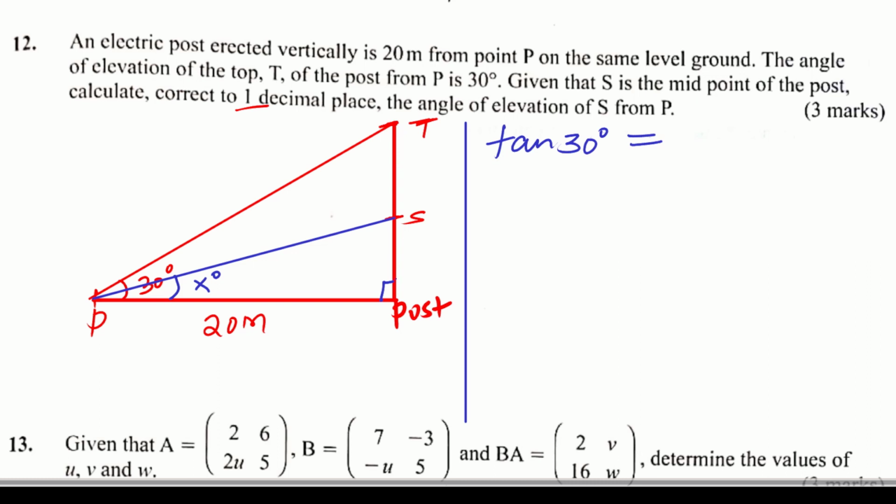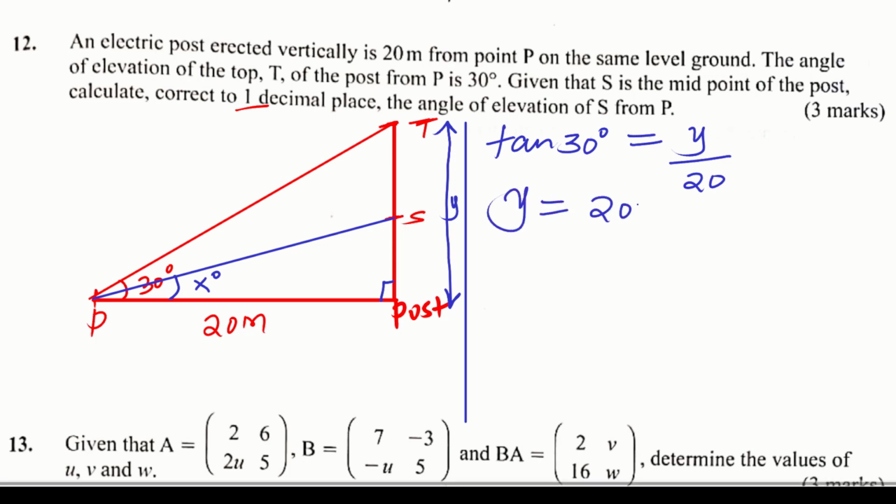The opposite side is the length of the post, which we can call Y, over the adjacent, which is the horizontal distance, 20 meters. So Y will be given by 20 tan 30.